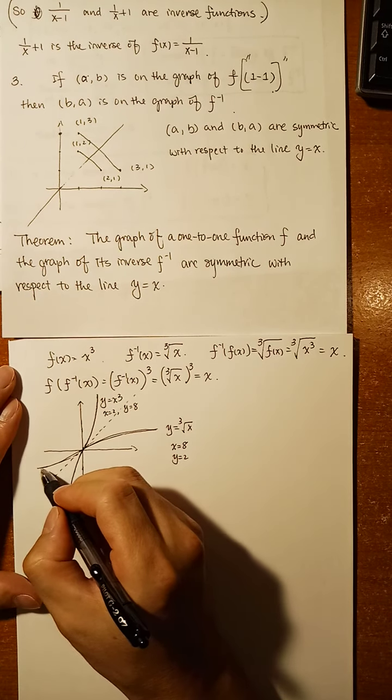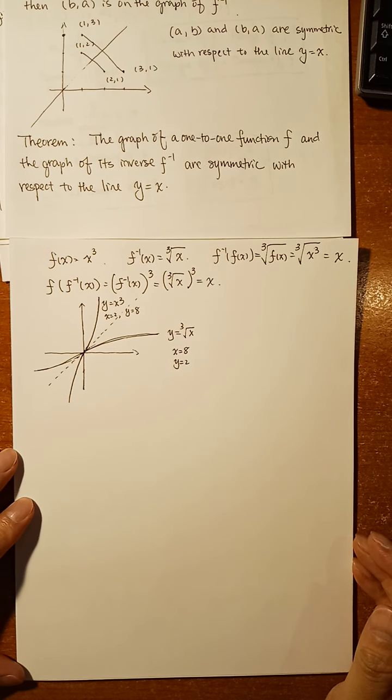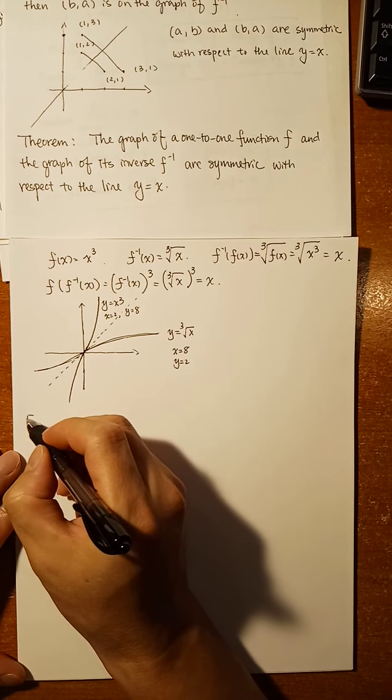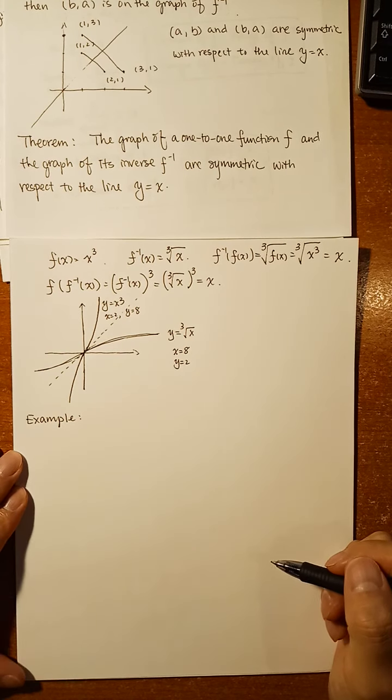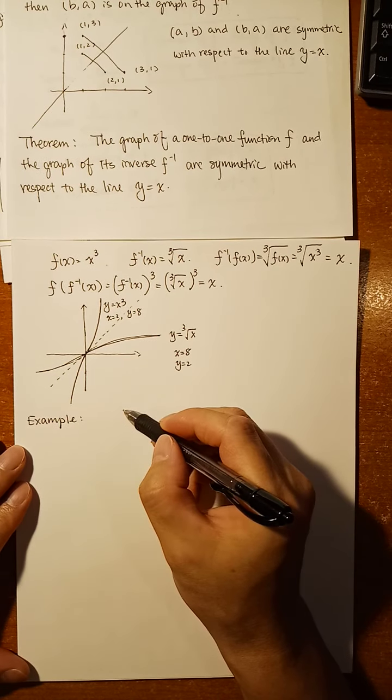If I sketch it carefully, you will see that these two graphs are really symmetric about the line y equal to x. Okay, so an example from the textbook.